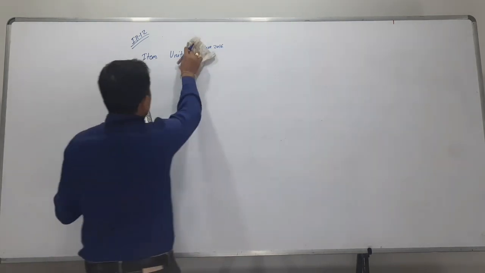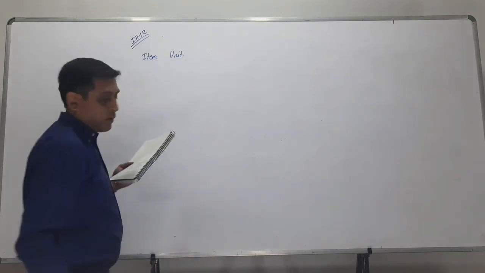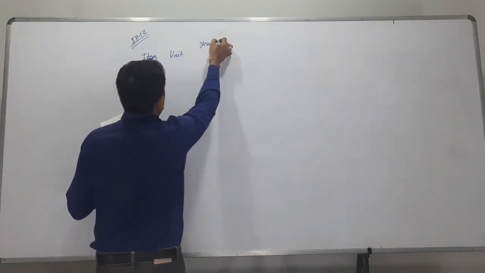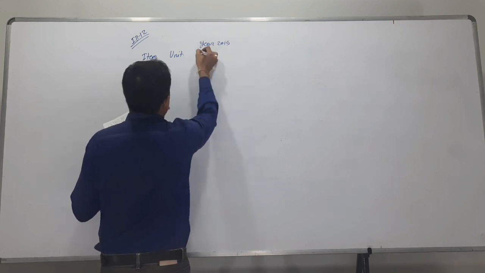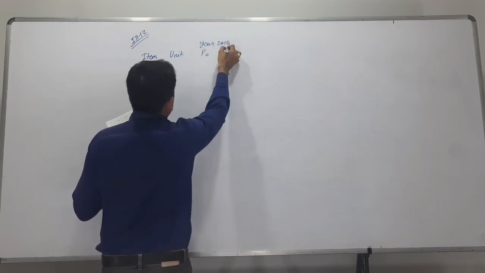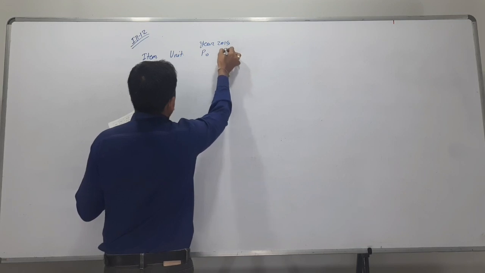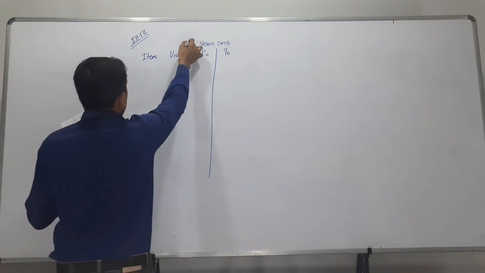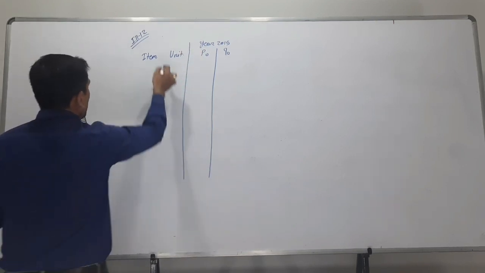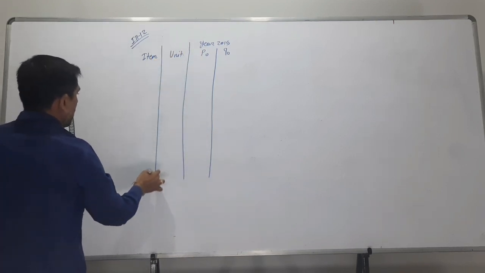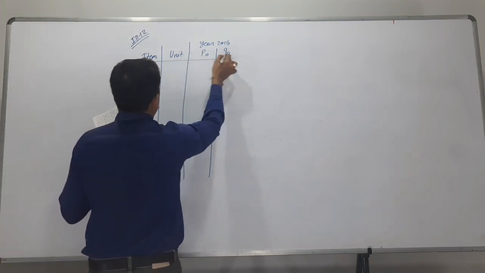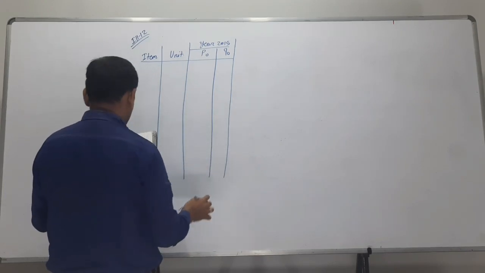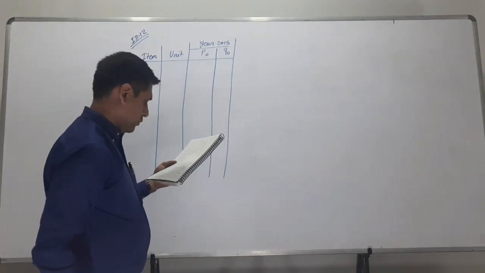But first of all we are writing the price of 2015, or the information of year 2015, because it is the base year, P0 or you can say Q0, right?